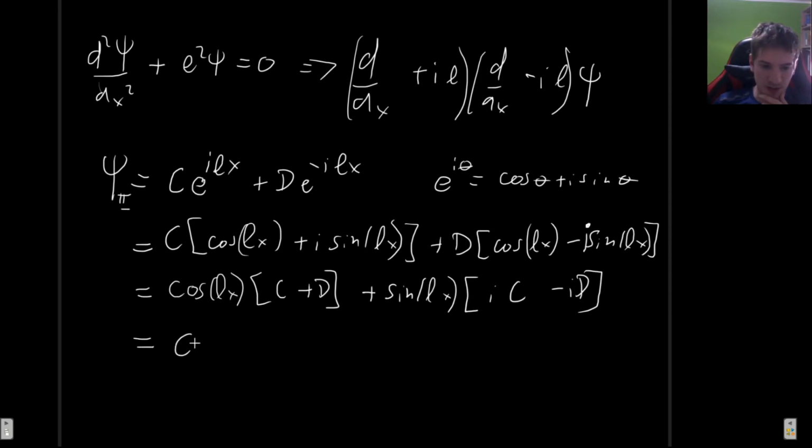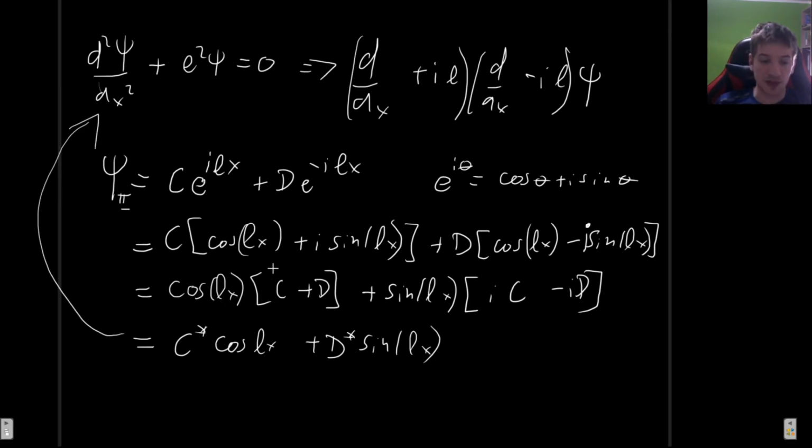Let's say c star is going to be c plus d, so c star cosine Lx, and then this right here is just going to be d star, just some other constant, times sine of Lx. So we just went from the exponential form to cosine and sine, and you can actually put this solution into your differential equation, and you will see that it's also a valid solution, so everything is fine.